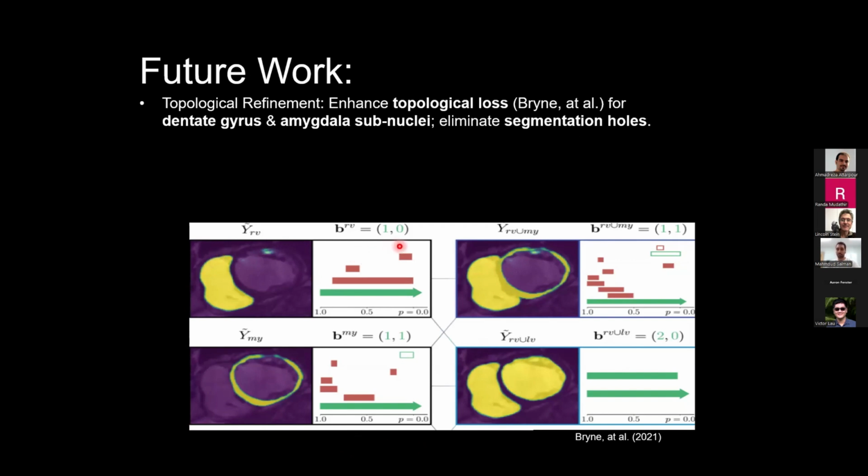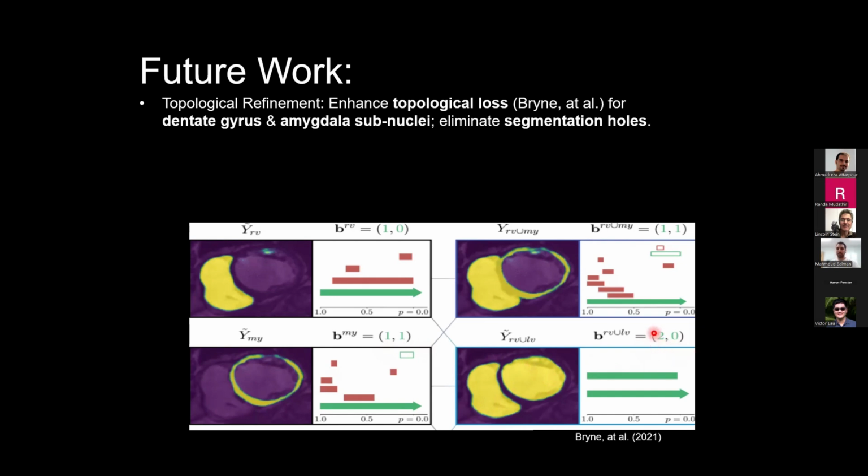The Betti numbers measure the number of connected components and the number of holes. So we can see here that the Betti numbers are 1 and 0, which shows there is one connected component and no hole. Here there is a connected component and a hole, and here there is only a hole, as well as a connected component here, so 1 and 1, and here there are two separate connected components, so they are 2 and 0.